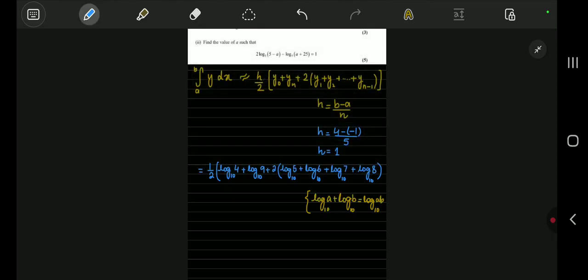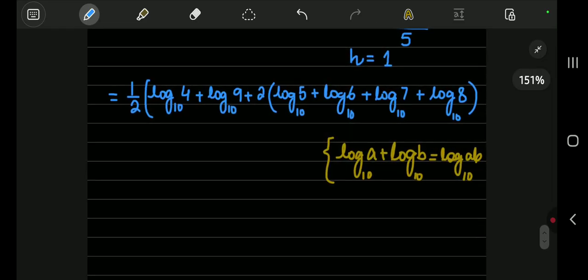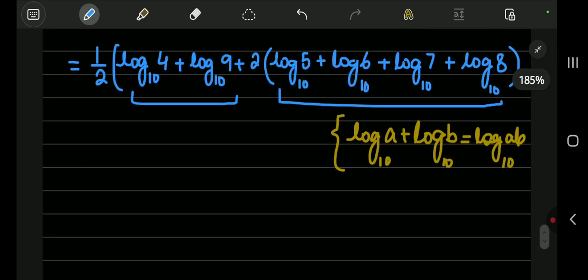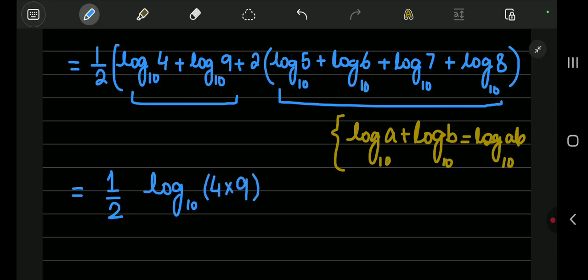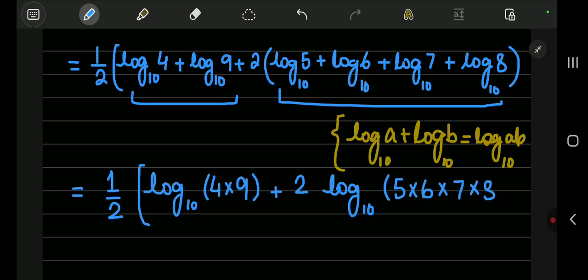Now applying this on these terms and these two terms, it will give you half of log with base 10 of 4 times 9, plus 2 times log with base 10 of 5 times 6 times 7 times 8.